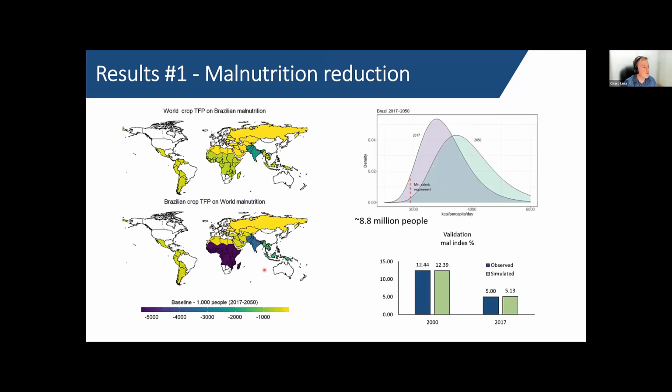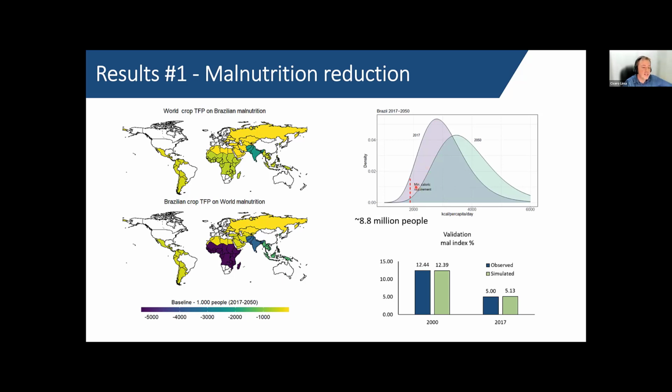Here we have some results. The first set of results that I'd like to show you today is about malnutrition reduction. On the right part, you can see the distribution of malnourished people in Brazil, the average in kilocalories per capita per day, and the minimum calorie intake.